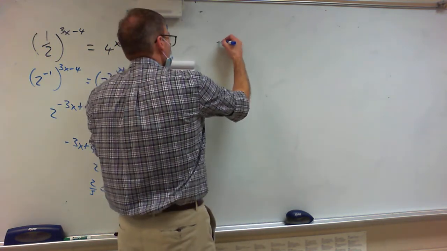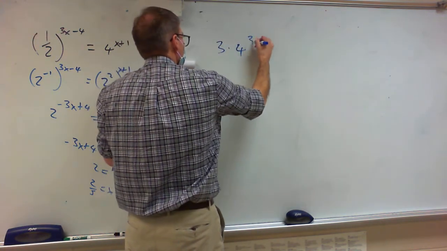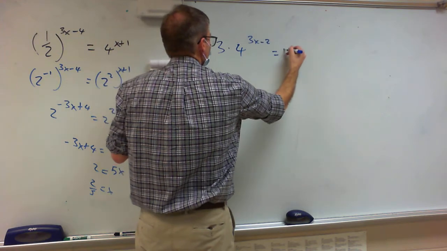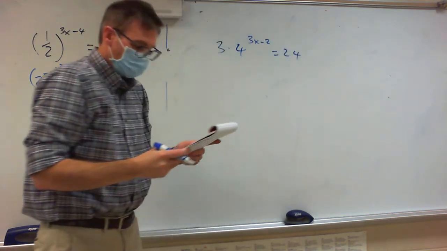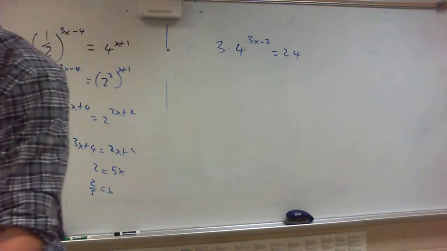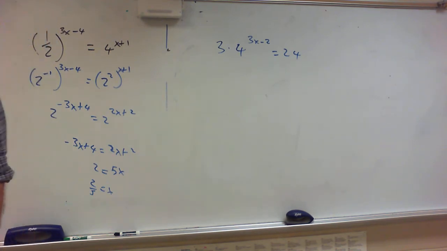So what if I gave you 3 times 4 to the 3x minus 2 is equal to 24? What would you do? What's the first thing you do?